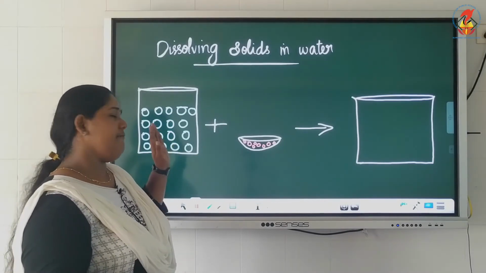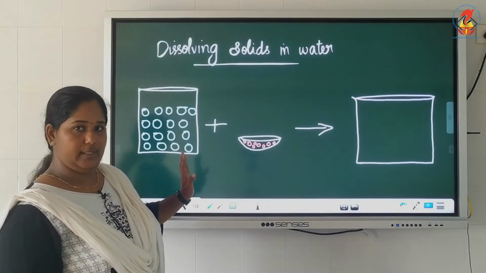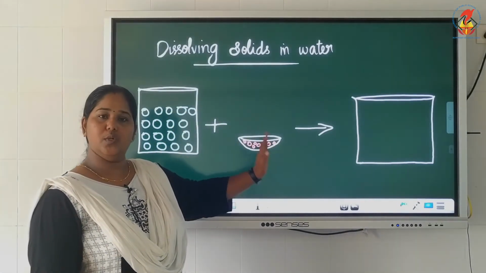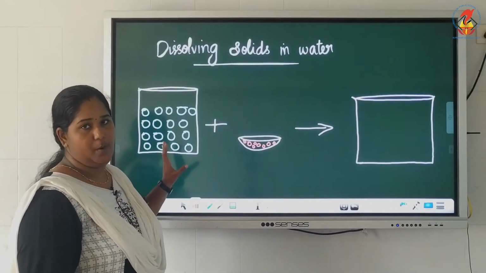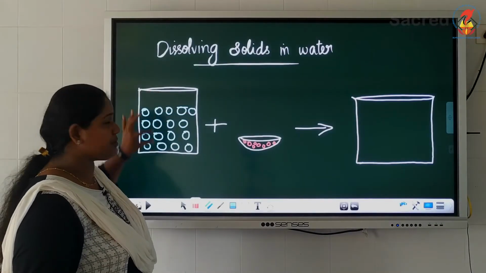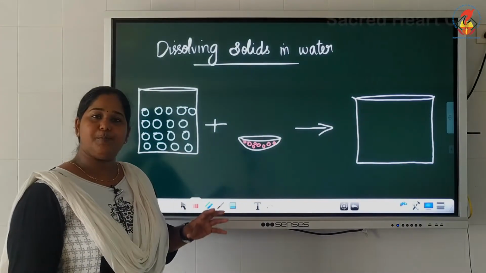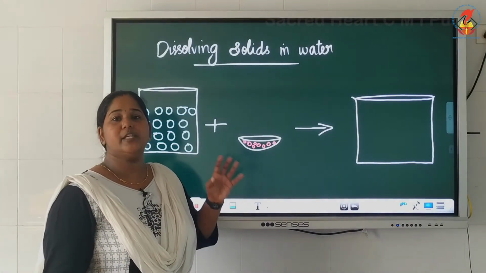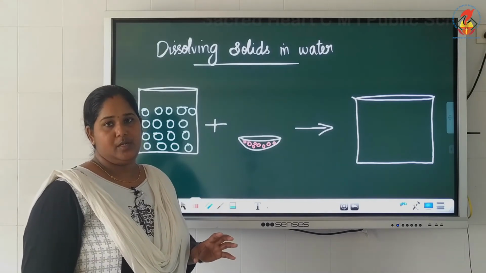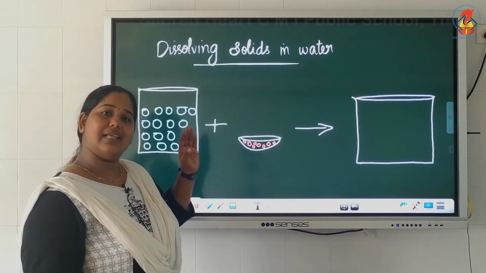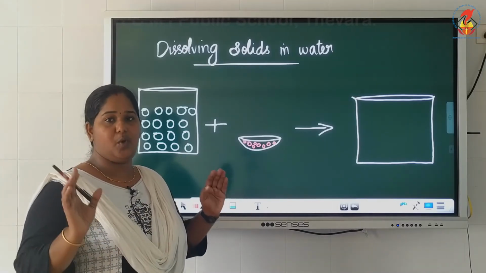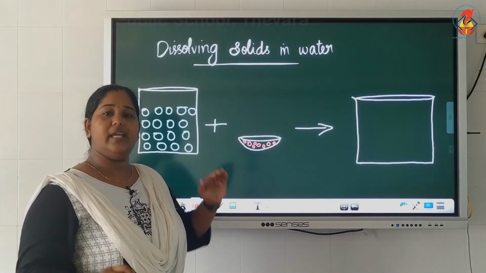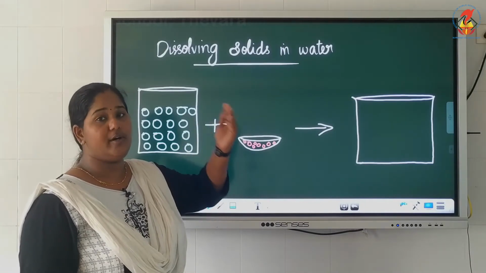So here, when you are adding sugar into water, the sugar molecules occupy the empty spaces between the water molecules. They have empty vacant spaces between the water molecules. That space is occupied by the sugar molecules. Okay, and as it occupies the empty spaces, no extra space is needed by water molecules. So that is why the water will not overflow.